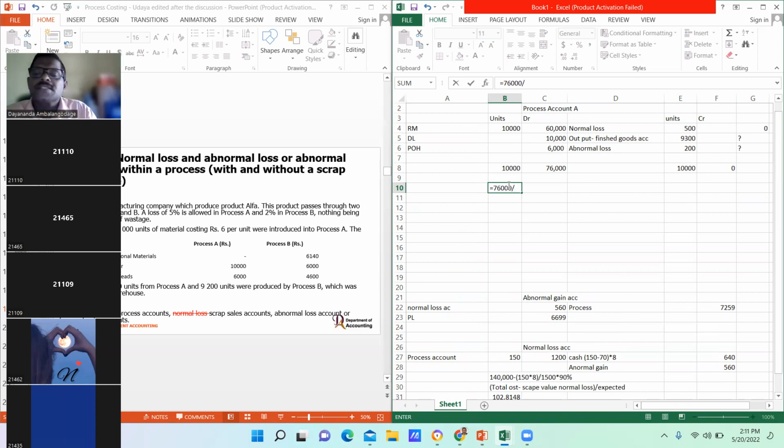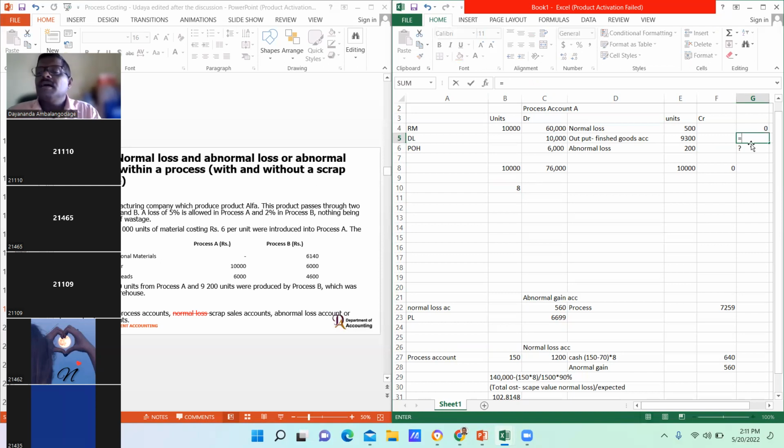What are the expected units? You insert 10,000 units and you expect normal loss of 5%. So thereby you expect 95%. 95% of 10,000 means 9,500. So unit cost is 8 rupees. So thereby you can fill this column.